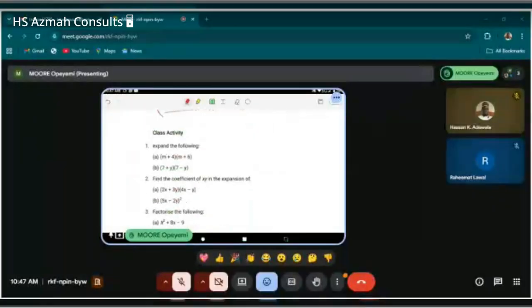Now try this one. Expand the following. I told you they are just like opposite.